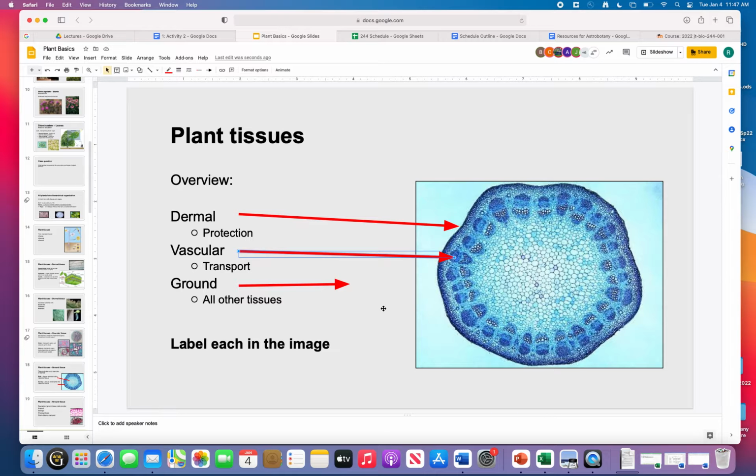And the last type of tissue, ground tissue. Where might I put my arrow here? I could put it in the center, and that would be called what? The pith, yep, because it's interior to our vascular tissue. I could also place it somewhere else.